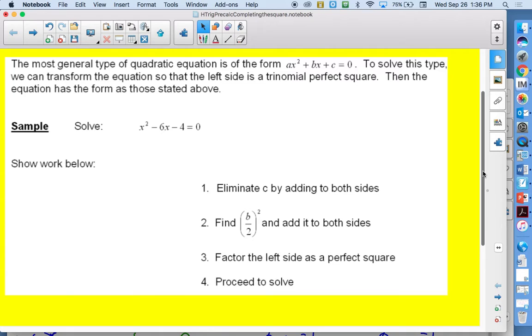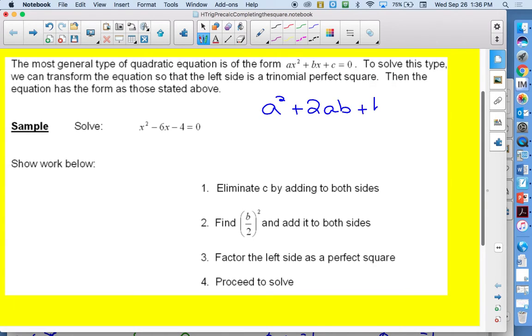So the reason we complete the square is so that we have a trinomial perfect square, meaning you have 3 terms and they fit the trinomial pattern. And that pattern is a squared plus 2ab plus b squared. So my first term has to be squared, or a perfect square. The last term has to be a perfect square, but it's the middle term that's key.